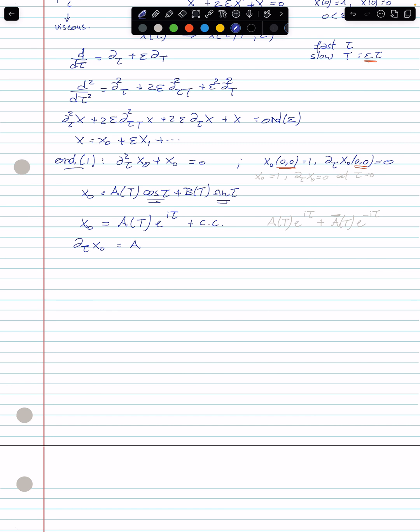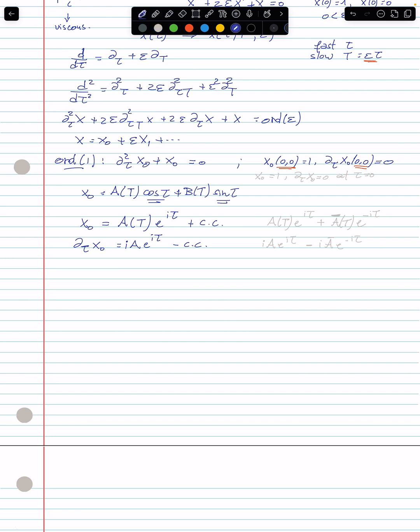We need to differentiate exponential i tau, so we have i exponential of i tau, and plus complex conjugate becomes, in fact, minus complex conjugate, because this is a multiplied by i exponential i tau minus i conjugate a exponential minus i tau. All right, or if you want, this is plus complex conjugate of the first term.